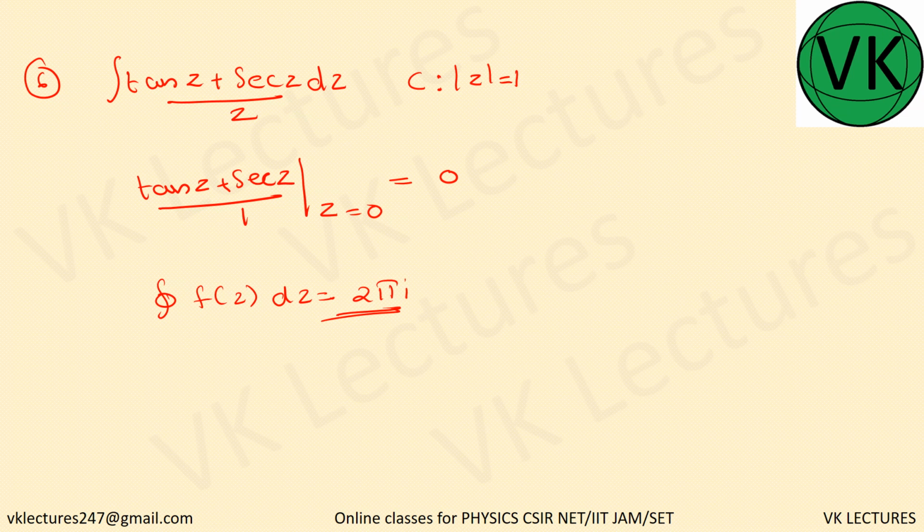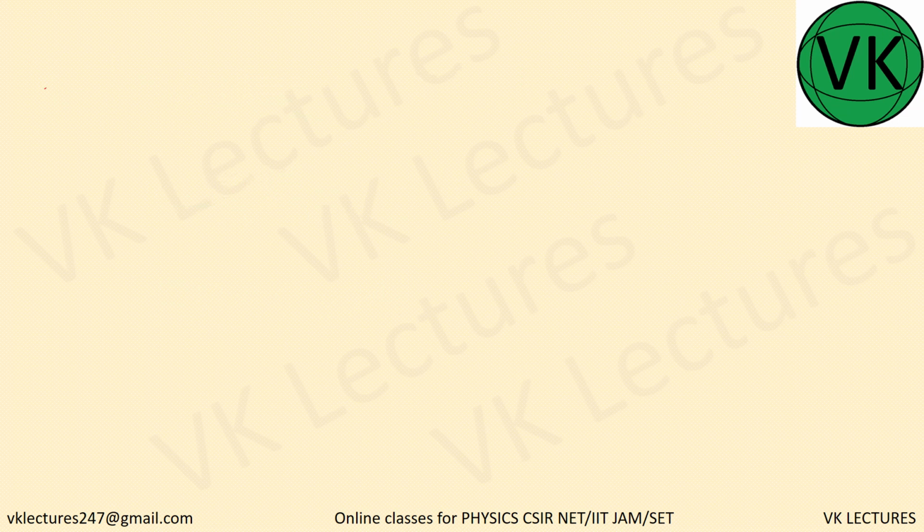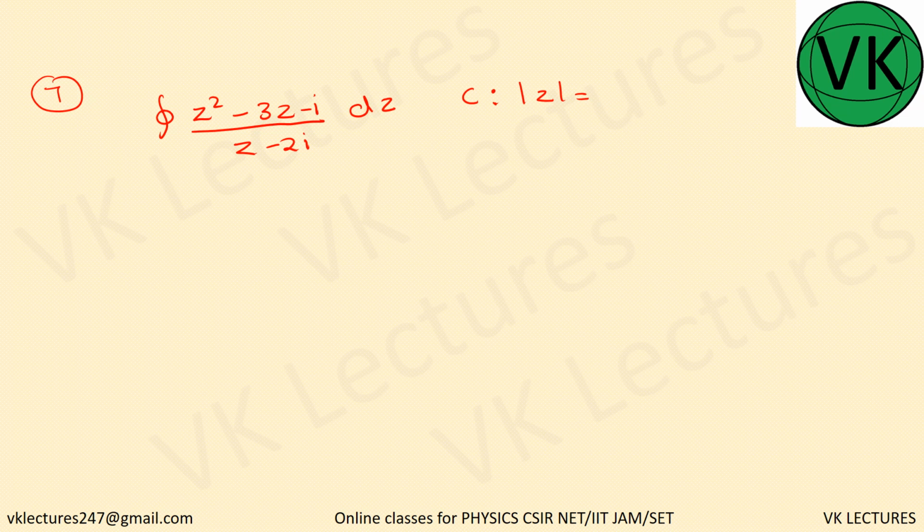Next question. Closed integral of (z square minus 3z minus i) divided by (z minus 2i) dz. The contour is modulus of z equal to 3.